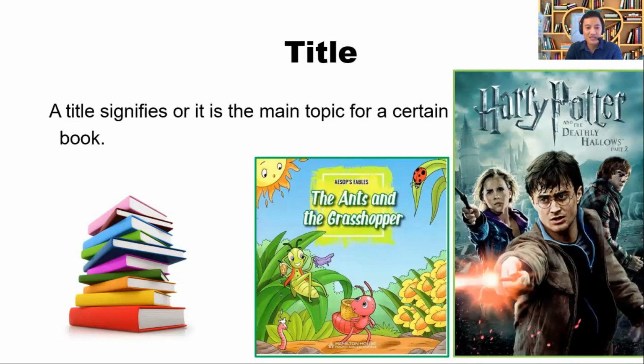As you have seen in the title of the book, the title is the one that talks about the story inside the book. The title simply tells you what is the main story in the book that I have presented to you.